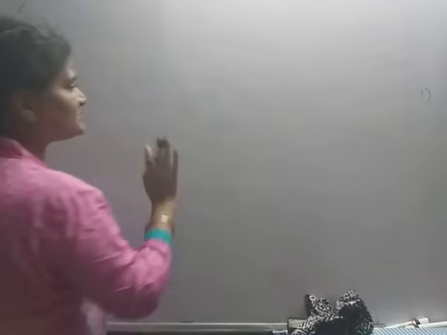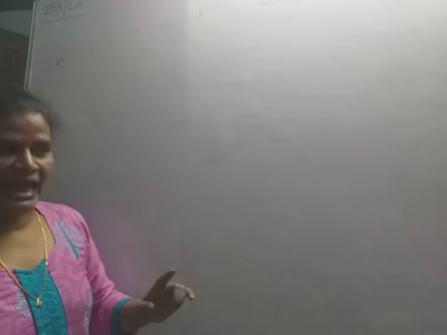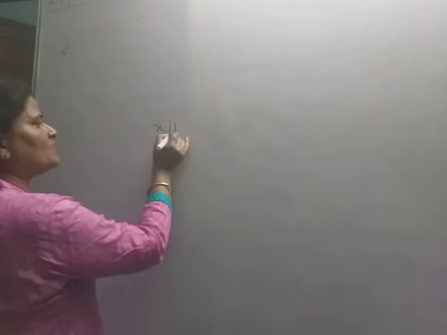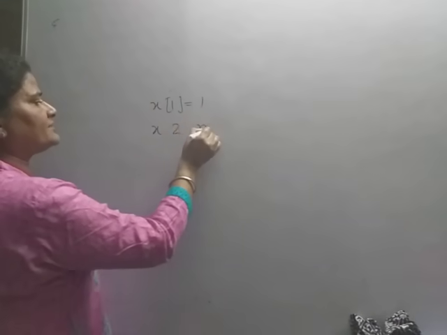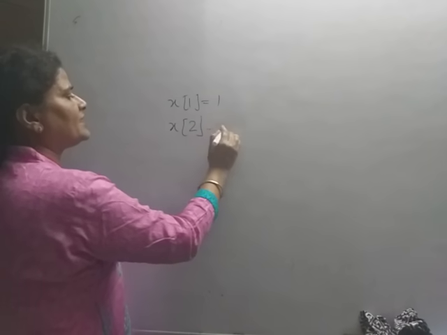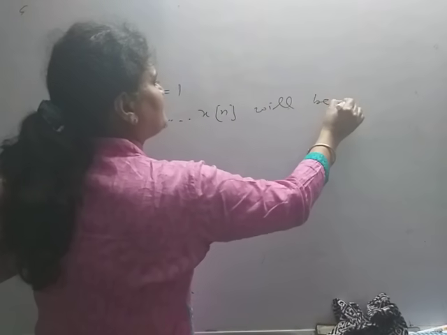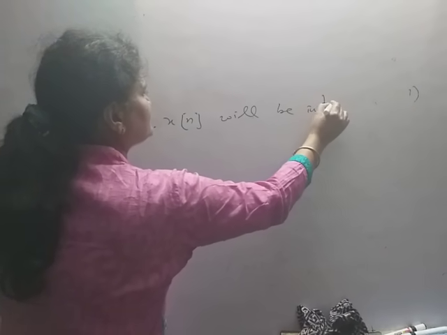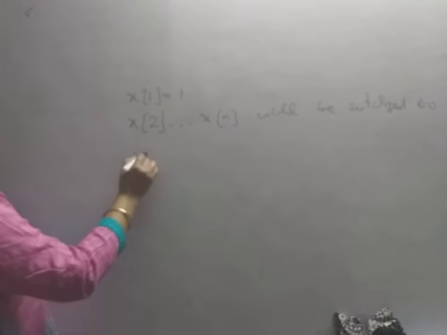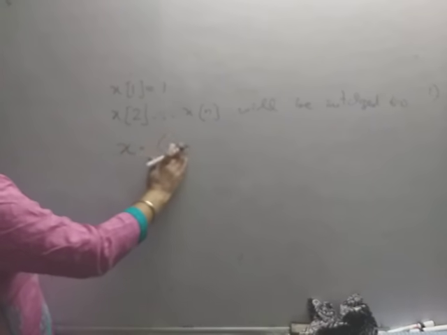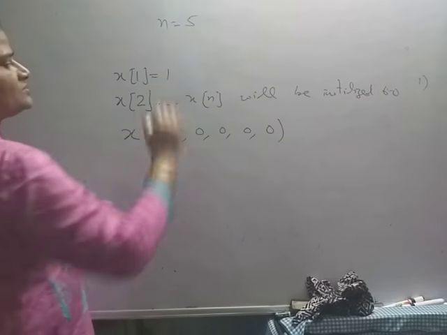Here, as in the M coloring problem, the solution vector is declared globally. The x1 will be initialized with 1, and x2 to xn will be initialized to 0. Initially the solution vector x will be something like 1 0 0 0 0, if suppose in your graph n equal to 5.